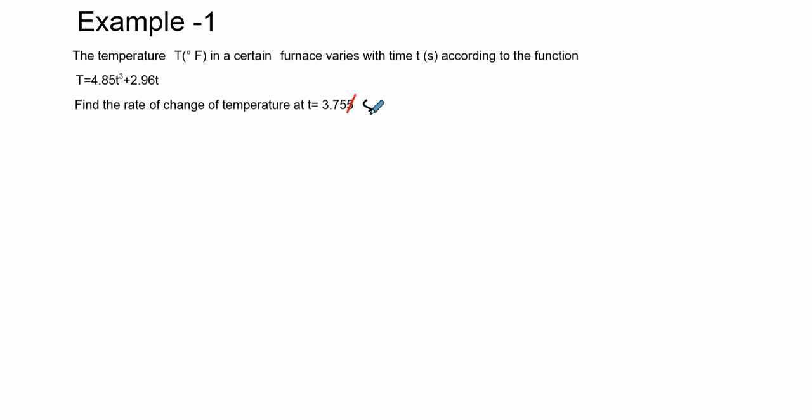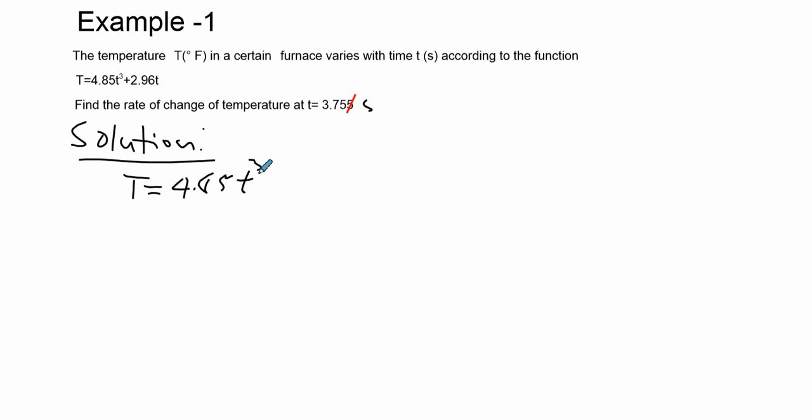Always when you're given a question, write what you are given. But this one is more straightforward. If we just start with the solution, we're given that T equals 4.85 t cubed plus 2.96 t.